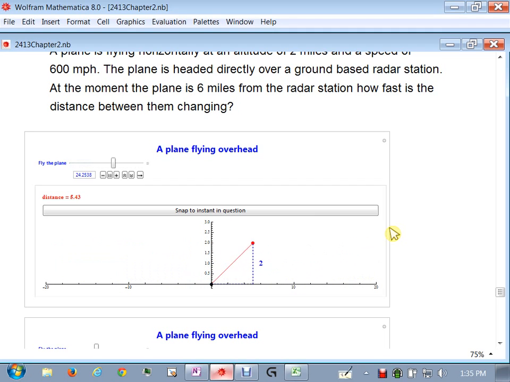That's the first thing. So I want to know at exactly the moment that we're 6 miles from the radar station, which is exactly here. And now it could be on this side or on that side. I didn't tell you which side, right? If we're here, at that instant, I want to know how fast this distance is changing. Agreed?